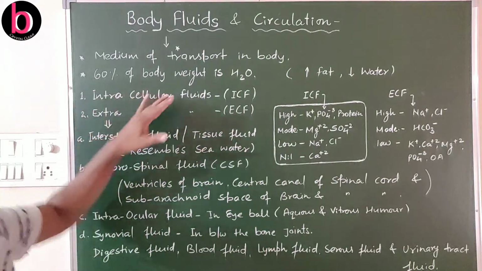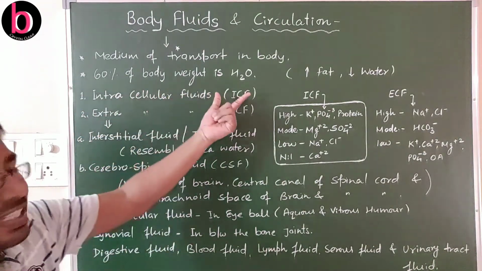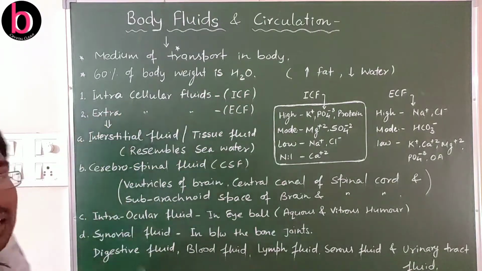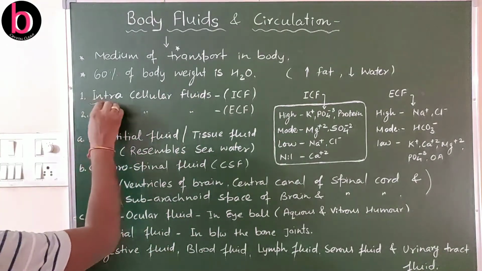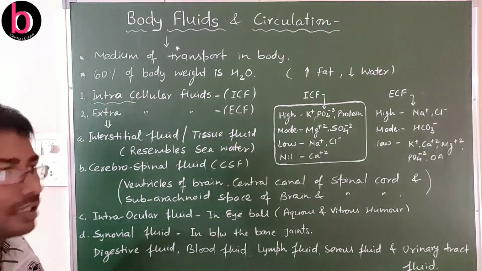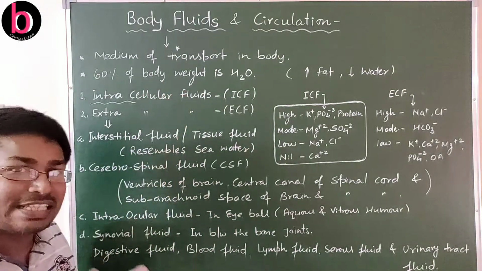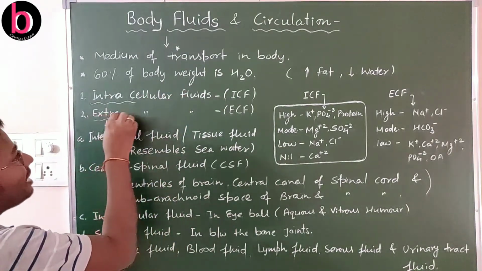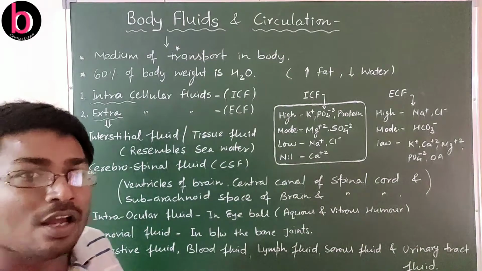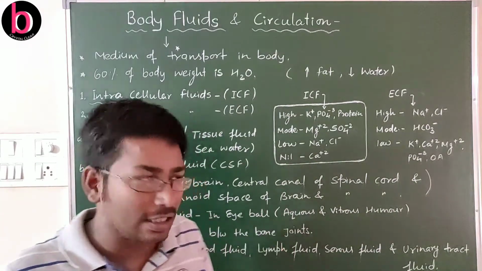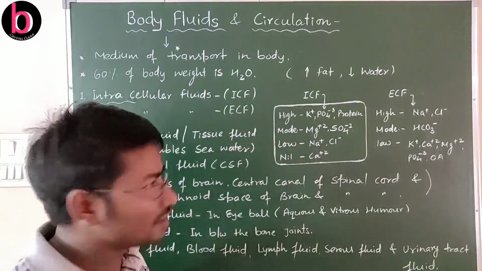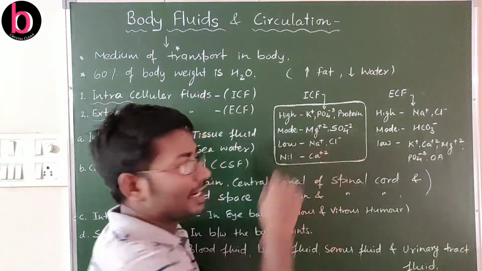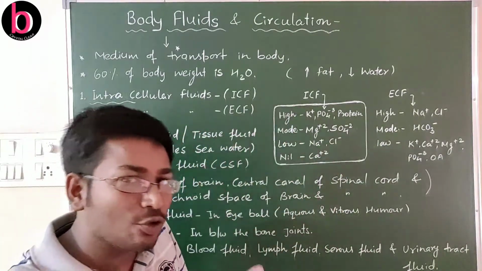The first one is intracellular fluid or ICF, the second one is extracellular fluid or ECF. Intracellular fluid is present inside the cell, while extracellular fluid is outside or in between the cells. Here is a diagram of a cell, just a rough representation. This is a cell, and inside the cell there is cytoplasm.